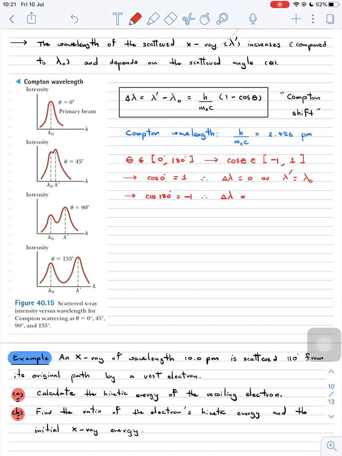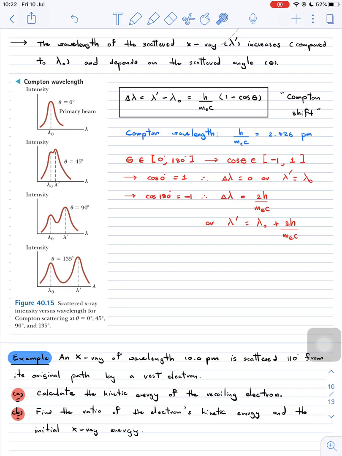So we have 2h over m_e times c. This is going to be the largest Compton shift, or lambda prime equals lambda naught plus 2h over m_e times c.